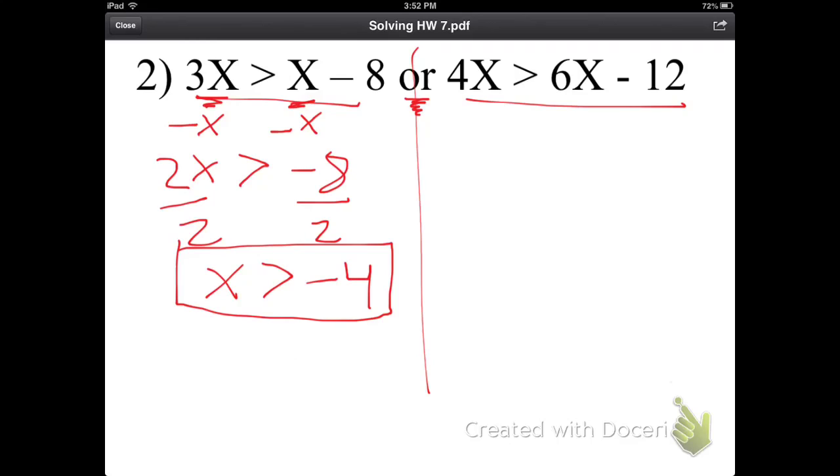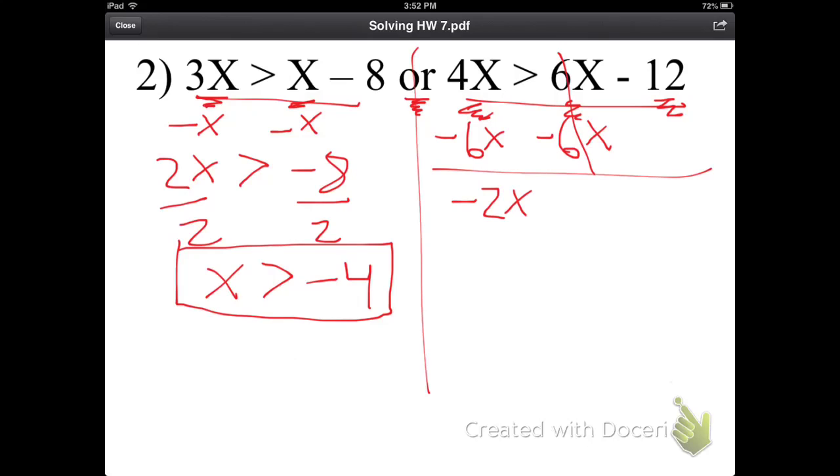On the right side, I still only have just a variable term on the left side, and the right has a variable and a constant term. So I'm going to choose to put my variables on the left, because the left is already only variables. So I get rid of them on the right, and now I'm at -2x, and that's going to be greater than -12.